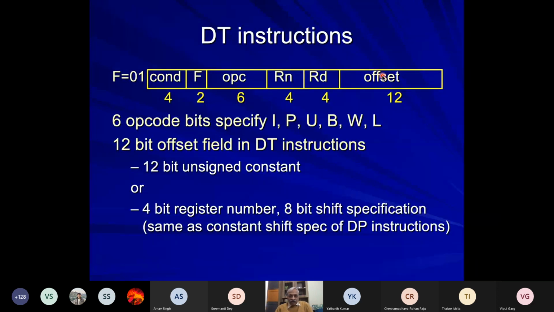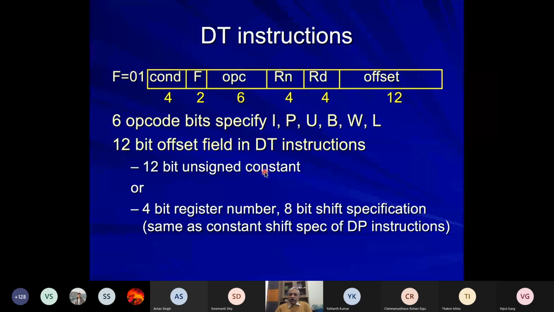Now, offset could be again given in 2 different ways, but before that, let me mention that 6-bit opcode, the 6 bits are I bit, P bit, U bit, B, W, and L, and I'll not go into that again, which actually defines several variants of the data transfer instructions. The offset part could be a 12-bit unsigned constant.